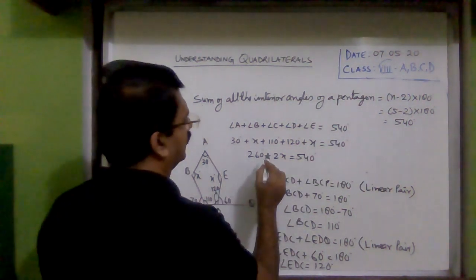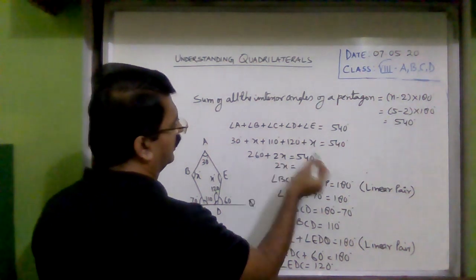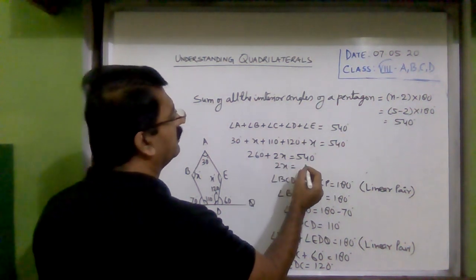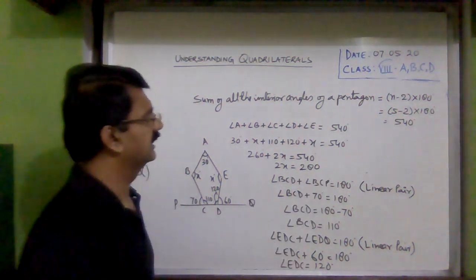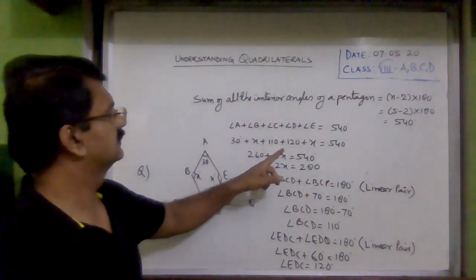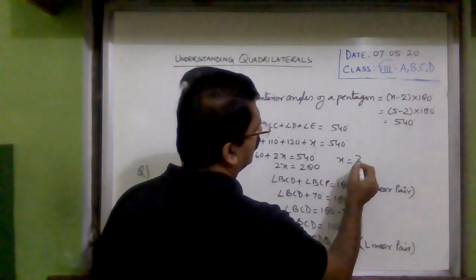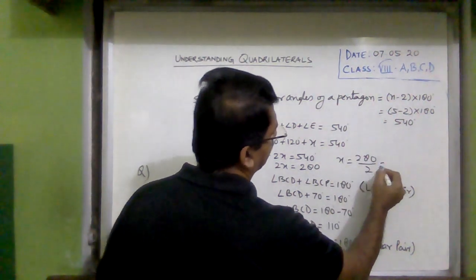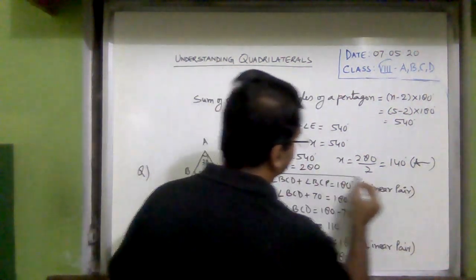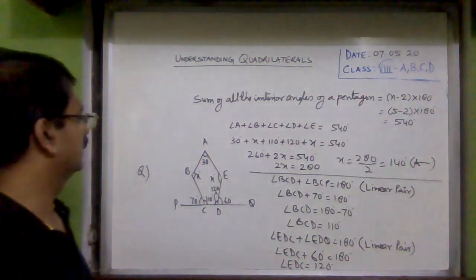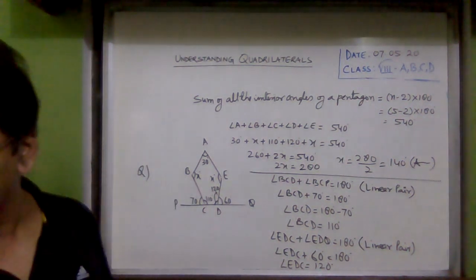If you shift 260 to that side, 2X is equal to 540 minus 260, which is 280. Clear? So X will be equal to 280 upon 2, that is equal to 140 degrees, and that is your answer. The value of X will be 140. Now we will do the next question.